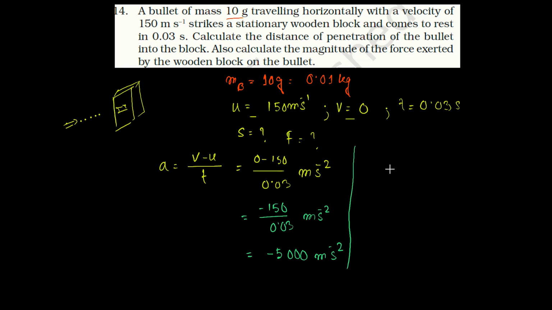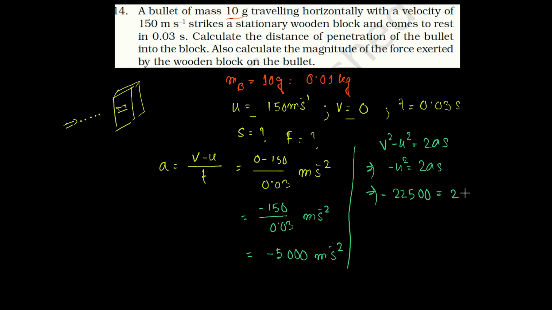Now we will find out the distance. We use V square minus U square is equal to twice of AS. This is the third equation of motion. Here V is 0, so minus U square is equal to twice of AS. The U value is 150, and 150 square is 22500.